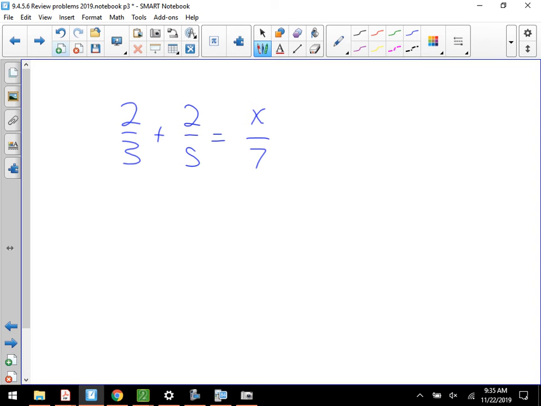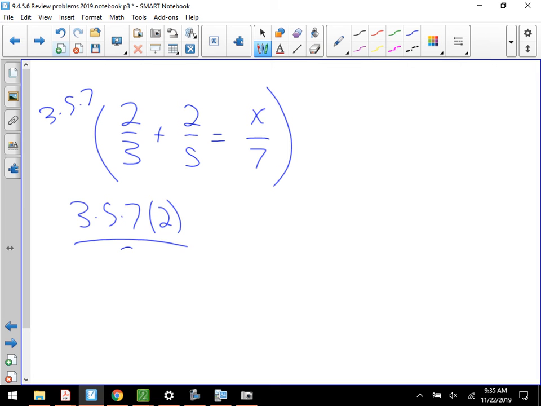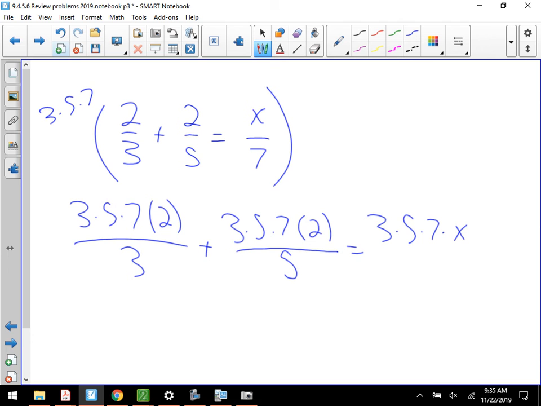Okay? And in this case here, it would be 3 times 5 times 7. So, in essence, if I multiply everything by 3 times 5 times 7, it would look like this. It would be 3 times 5 times 7 times 2 divided by 3. 3 times 5 times 7 times 2 over 5 equals 3 times 5 times 7 times x.